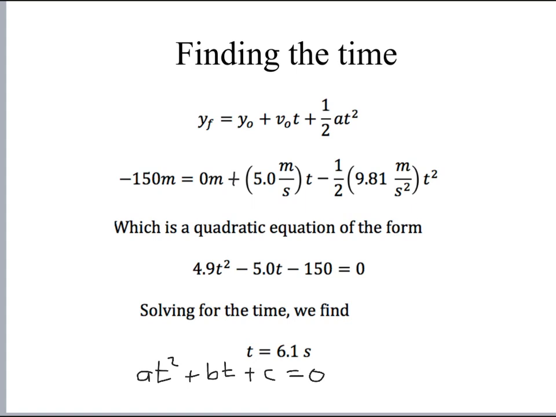And again, you want to move everything over to the side that makes the a term, the coefficient of the squared term, positive. That's the way we've done it up here, so that term is positive. Then the answer is going to be given by the formula t equals negative b plus or minus the square root of b squared minus 4ac, everything over 2 times the a term.